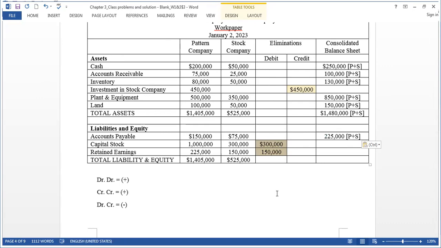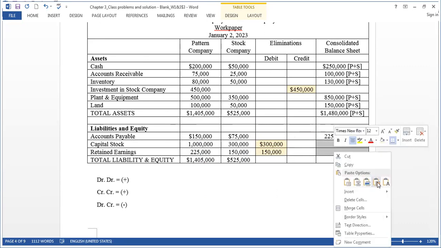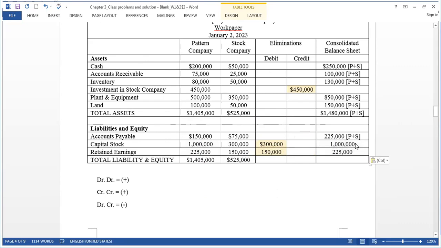So we no need to keep their equity again, or it will be double recording. So it is closed. We are only going to keep the parent company's common stock and retained earnings. So this is only for P.